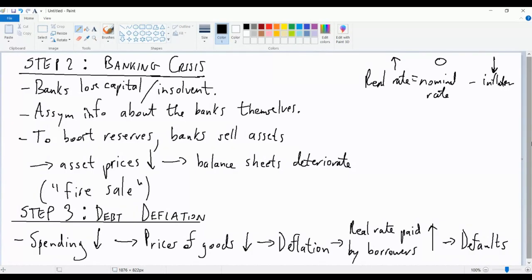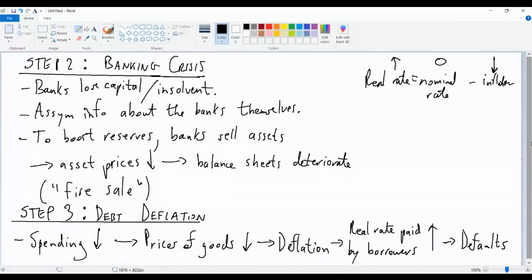So we started with some losses in some asset class. That was the initial phase. But if those losses are large enough and it's on an asset class that all the banks are holding, then now we have a second stage where the banks are suffering. They stop lending and they start these asset fire sales that further lower asset prices. Eventually that harms the real economy.